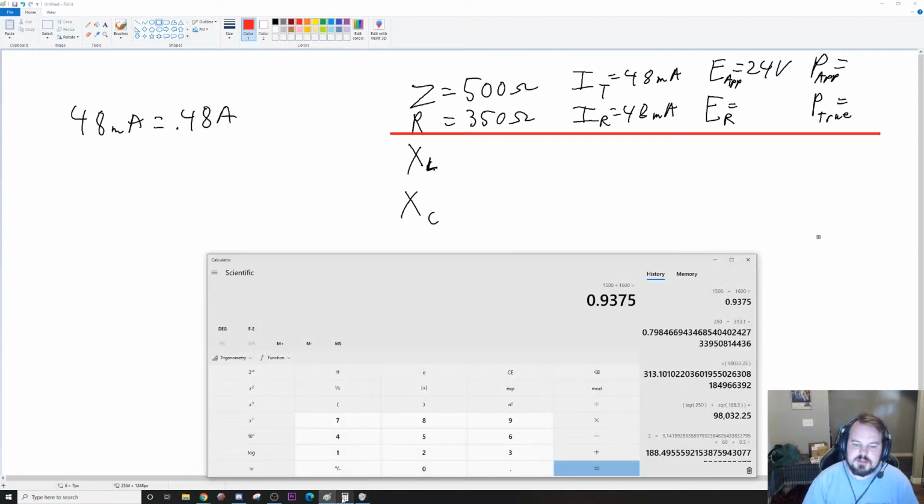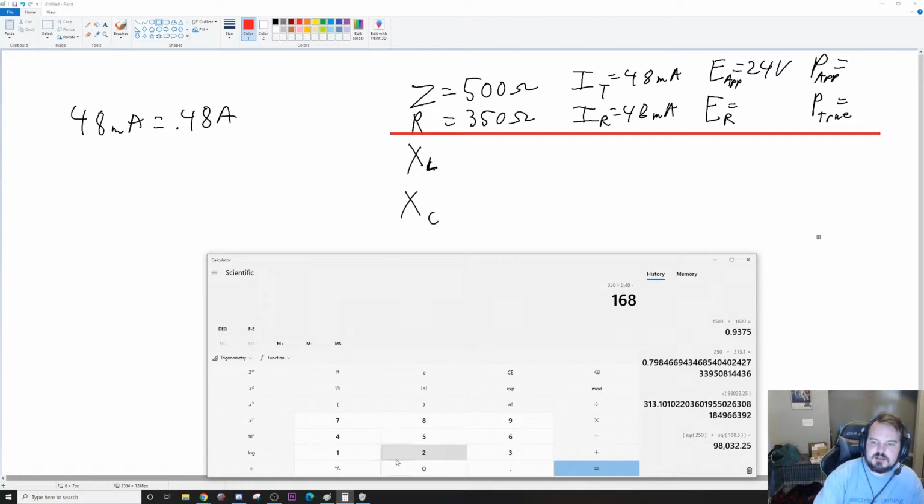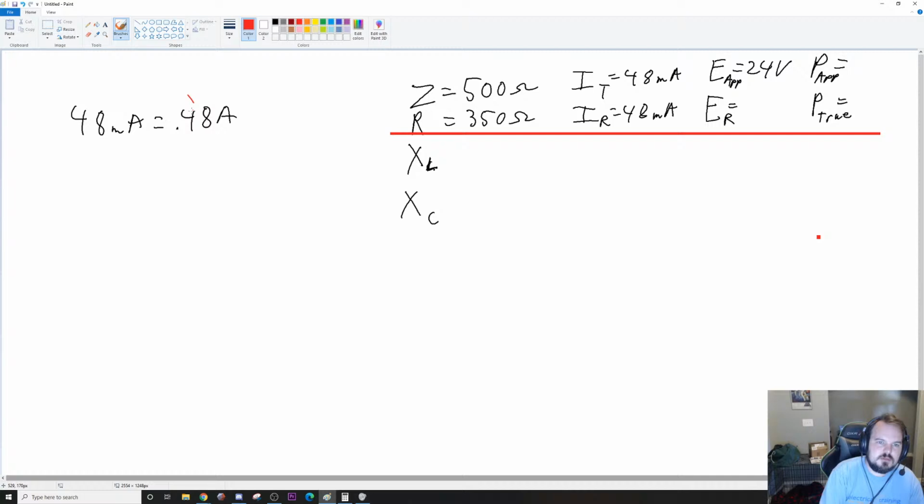All right, so all we have to do is 350 times 0.048. My bad, one, two, three. Got in a hurry.